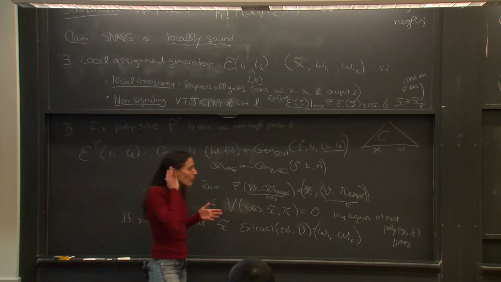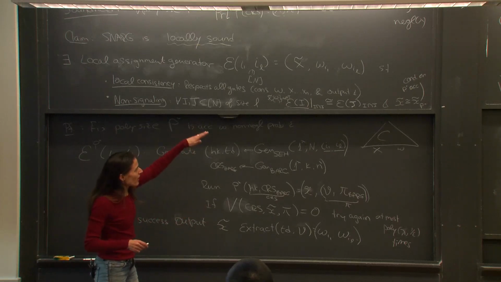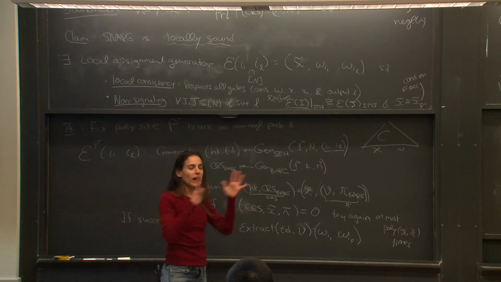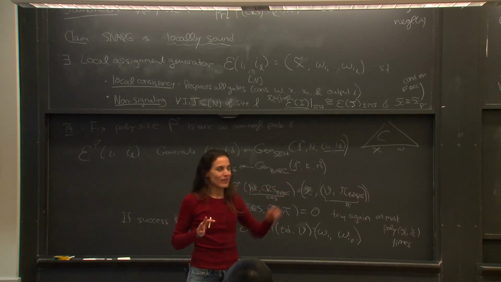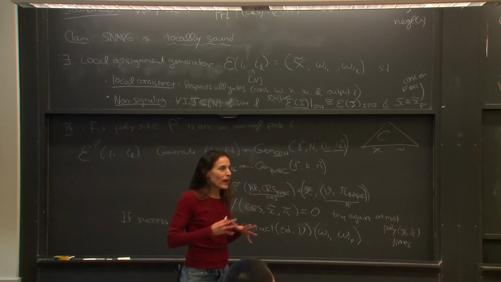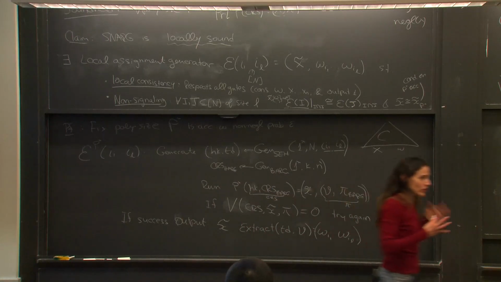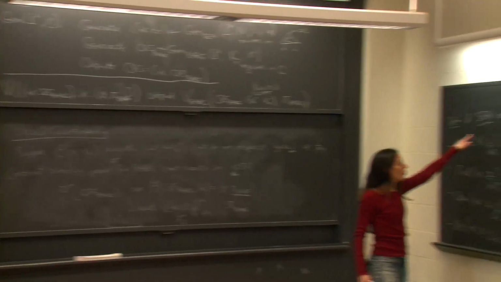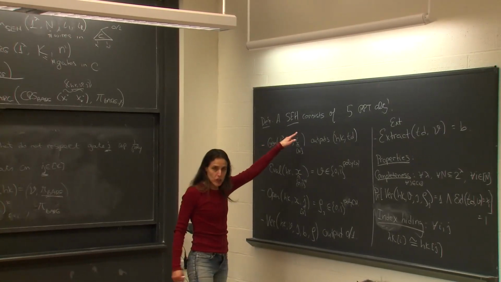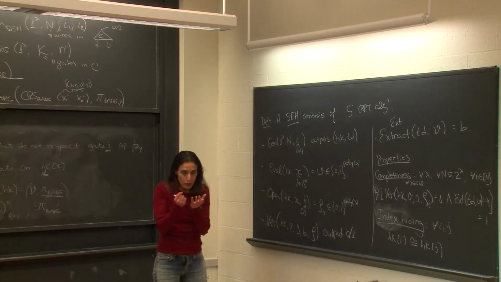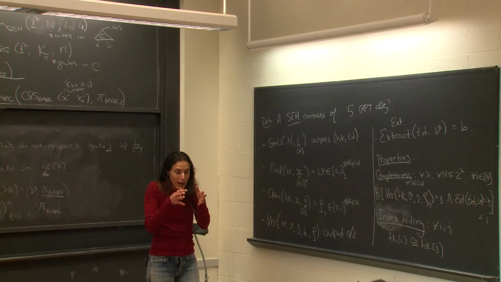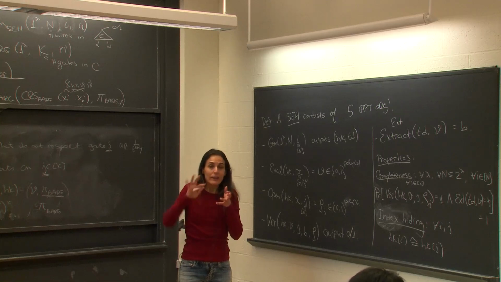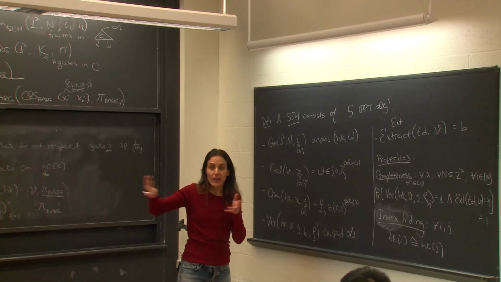So the point is the non-signaling really follows from the non-signaling in the somewhere extractable hash. When we do repetition, what we can argue is that for any cheating prover who, given a hash key, generates a value, if you extract some of the wires, the values you get do not depend on the other indices.